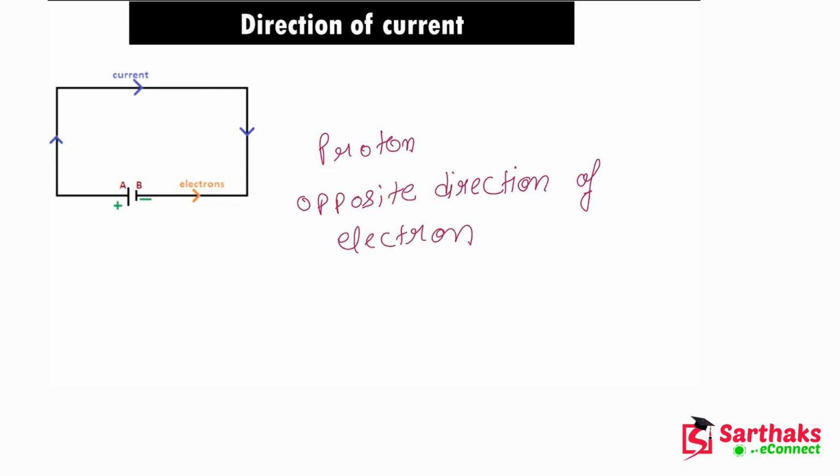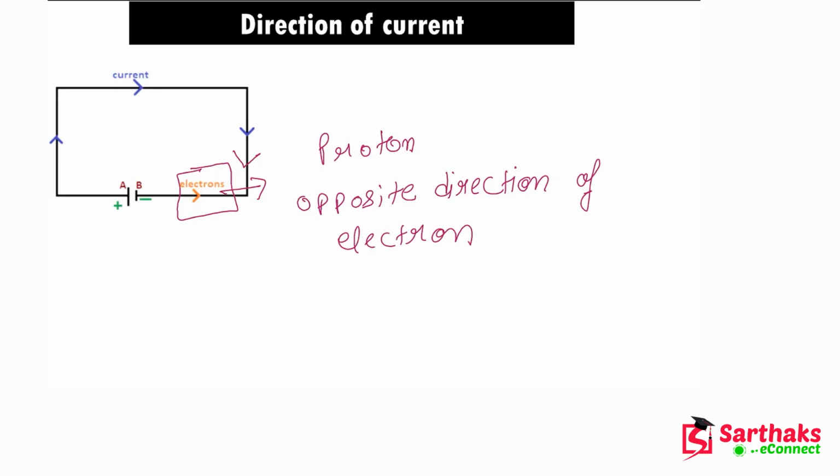In this picture you can see that the electron is flowing in this direction. So now you tell me, what is the direction of current? The direction of current is this, because this is just opposite to the direction of flowing of electron. So this is how we calculate the direction of current.